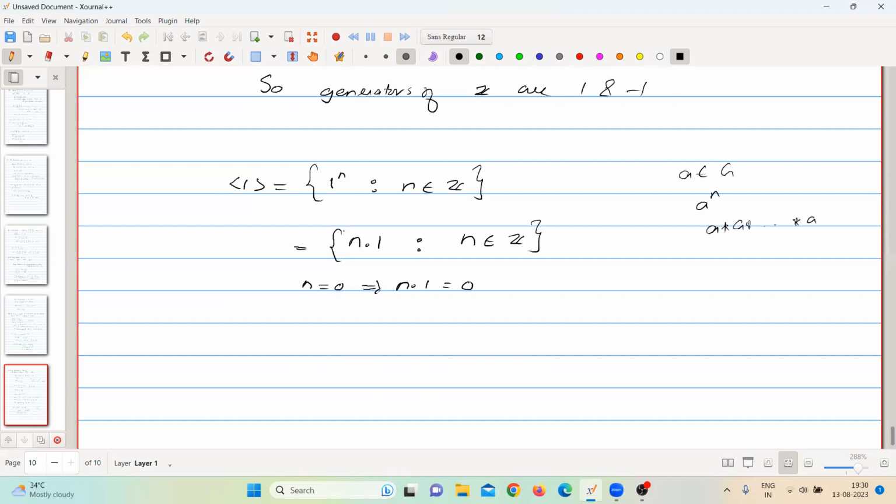Here it is addition, so a plus a plus, etc., n times. If we are doing 0 times, that means we are not doing anything. This is the same as n times a. So 0 times means 0 times a, and here a is 1, that is 0 times 1. Is that fine? Yes.